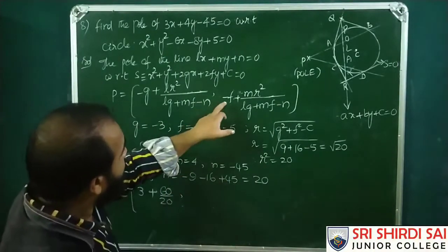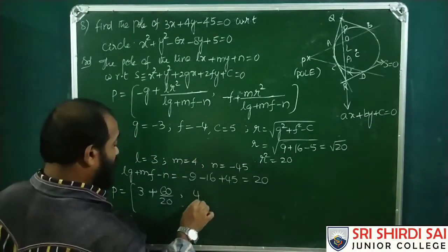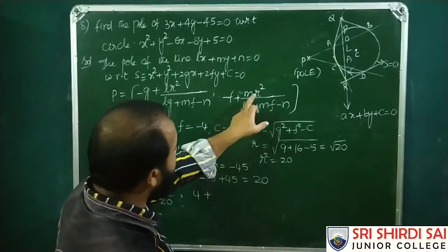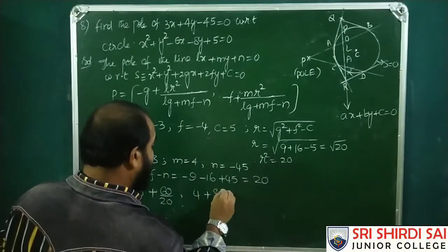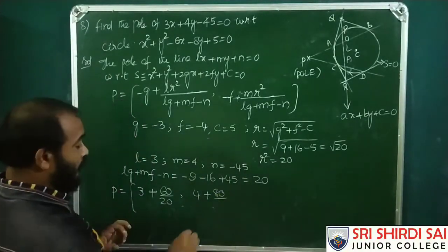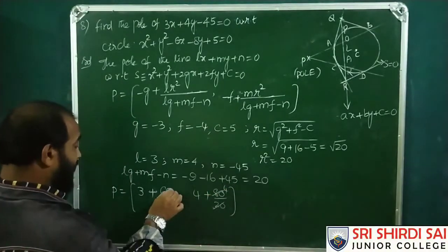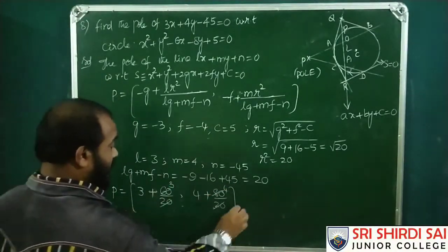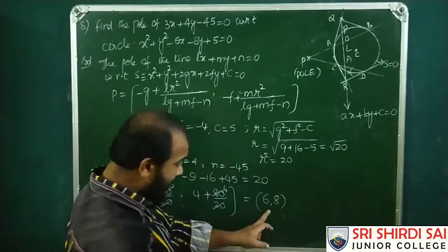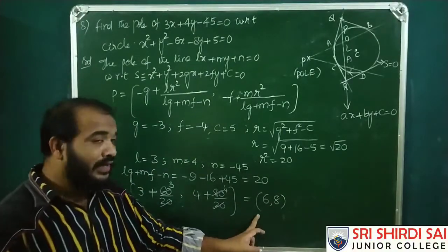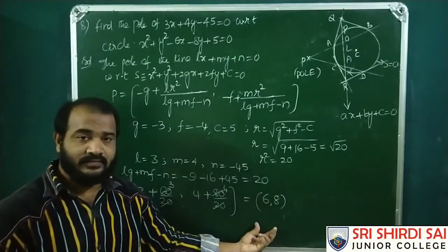Comma, minus f: minus of minus, so plus 4, plus m r square: m is 4, r square is 20, 80 by 20. So this is 3 plus 3 equals 6, comma, 4 plus 4 equals 8. This same thing we can do in another way also, which will be explained after this.